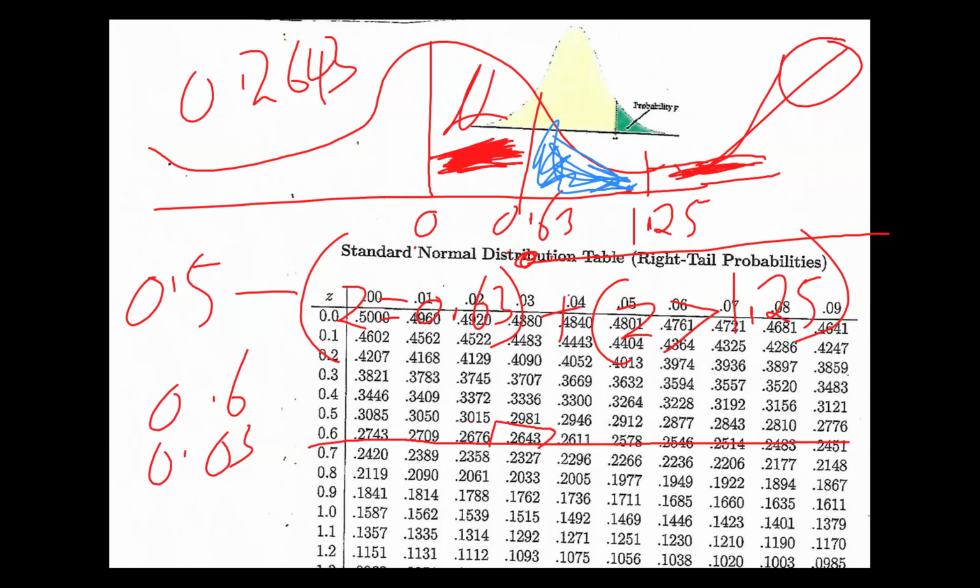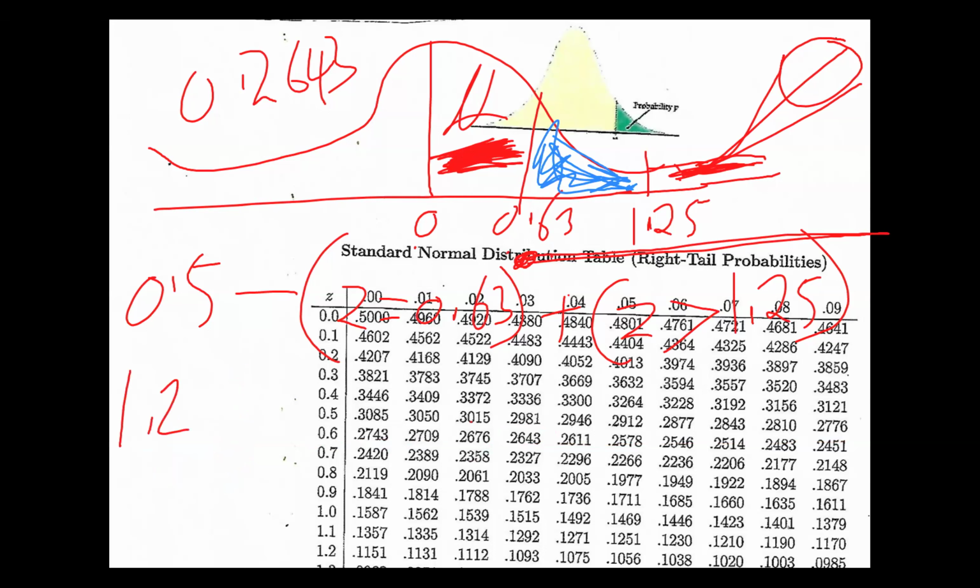We have already found the area from here going this side. So what we need is just the area after 1.25. We remove it, so let's go and find the area afterwards, the one that is after 1.25, and remove it from this number.